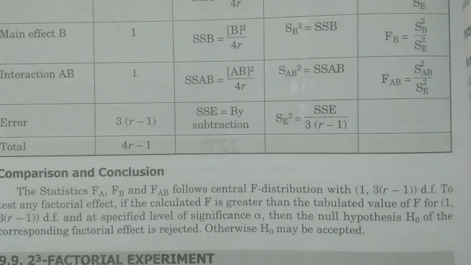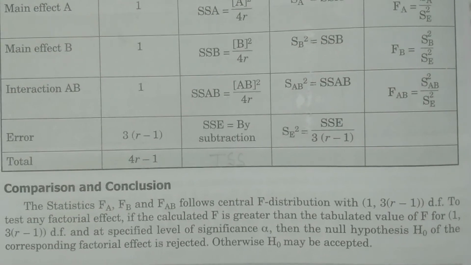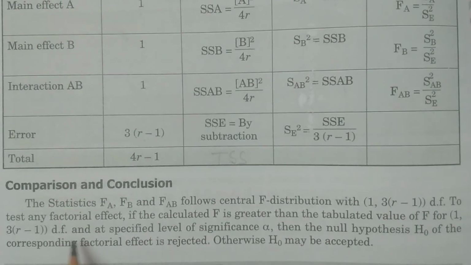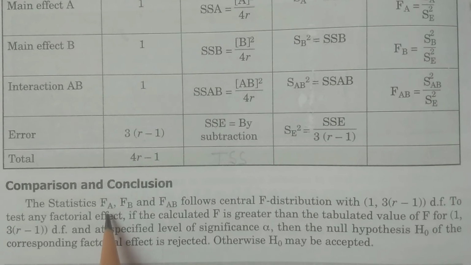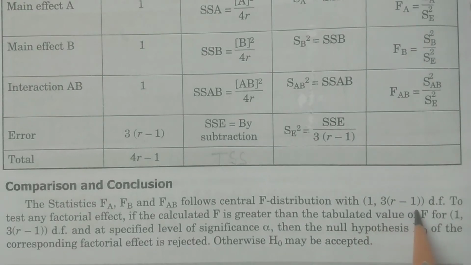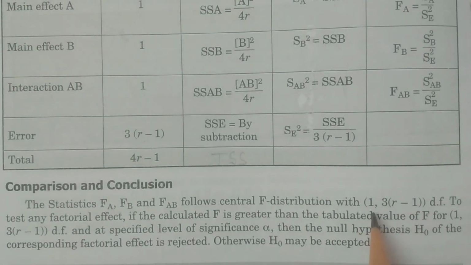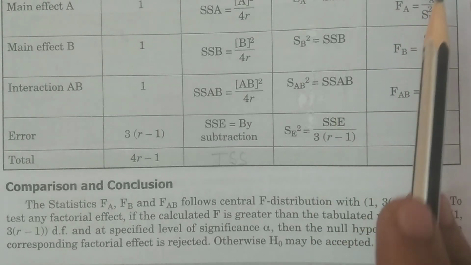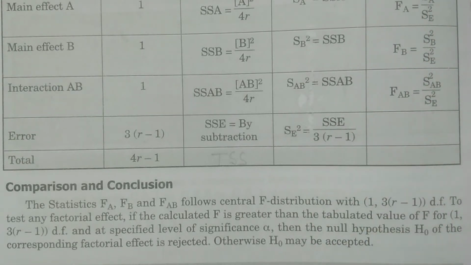Now the comparison and conclusion. This is another crucial point you have to write clearly. The statistics FA, FB, FAB follow the central F distribution, each with 1 and 3 into R minus 1 degrees of freedom. Our intention is to calculate three statistics, FA, FB and FAB, for main effect A, main effect B and interaction effect AB.